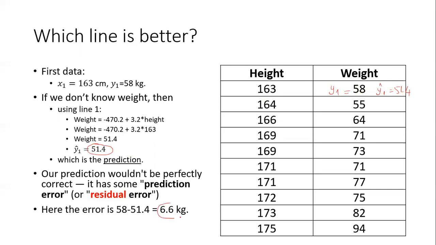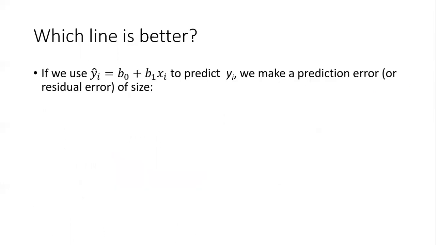This line has predicted the weight of the student with an error of 6.6 kilograms. So the error can be defined as yi, the real value, minus the predicted value. This is what we call an error, ei.